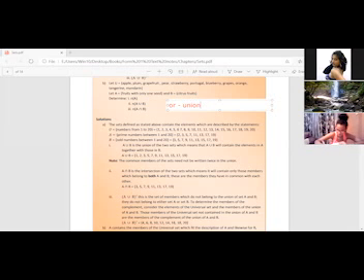When it comes to intersection, on the other hand, it is associated with the word and. So whenever you see and, it means intersection. So if I ask you, what are the elements of A and B?